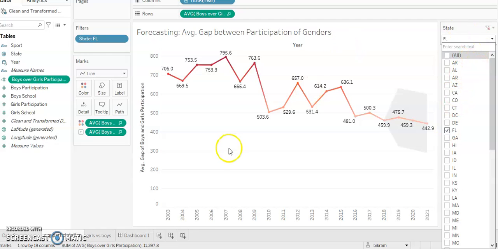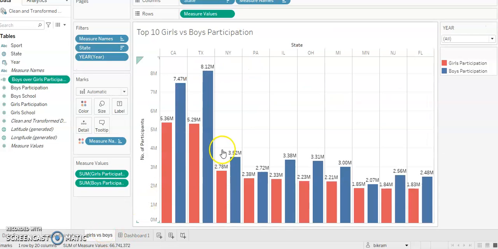Coming to the next, here I need to find out the top 10 states that are performing well on the basis of girls' participation. I have also compared it with the boys' participation in these sports.